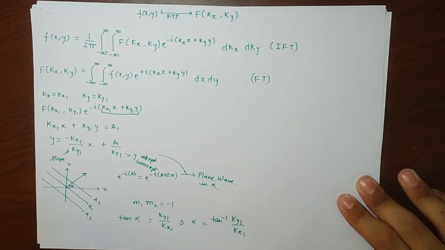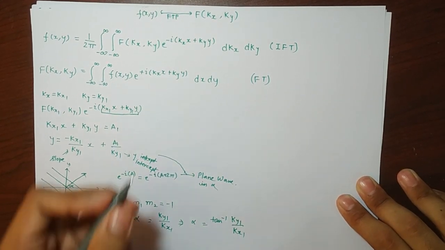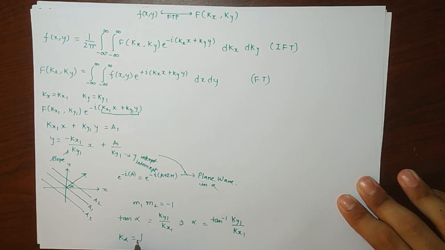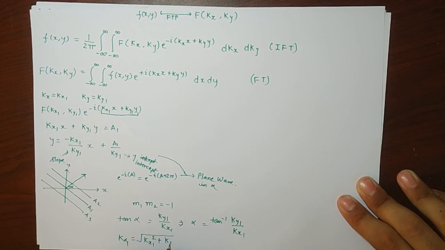So we also have some concepts like k alpha. Basically k alpha is the square root of kx1 plus ky1, the whole square. Fine.